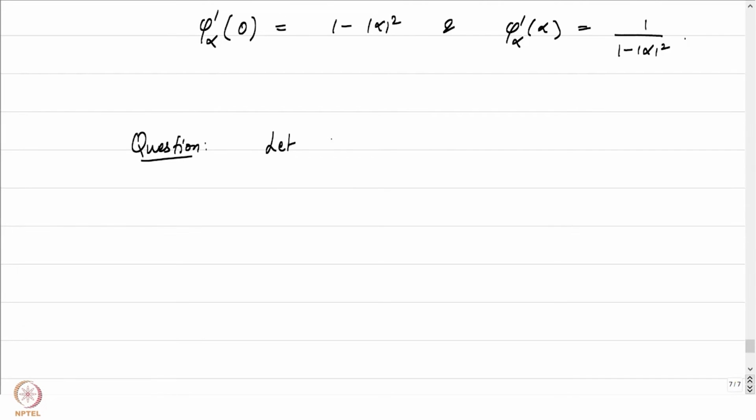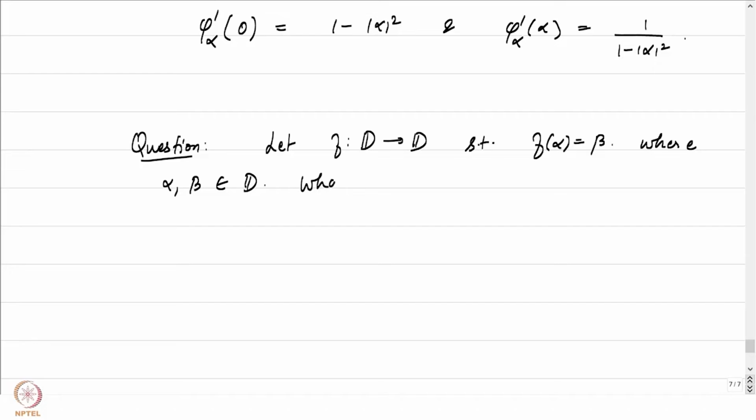Let f be a map from the unit disk to itself such that f of alpha is equal to beta, where alpha and beta are points in the unit disk. The question that we would ask is, what is the maximum possible value of f prime at alpha?